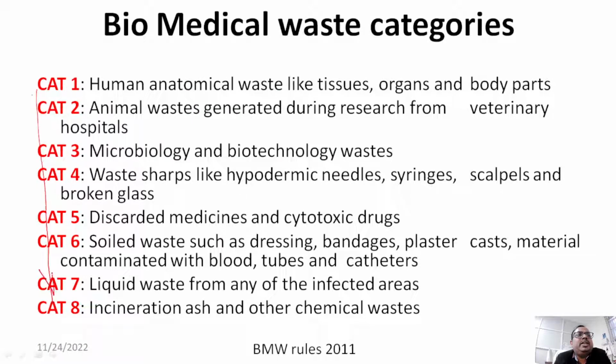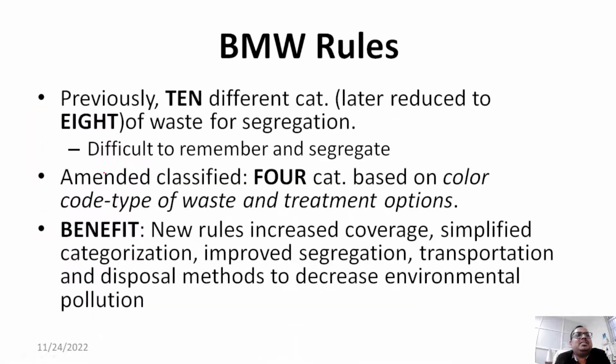You can see here this included human anatomical waste, animal anatomical waste, microbiological waste, sharp waste, discarded medicine in the 5th category, soiled waste, then liquid waste, then incineration ashes and other chemical waste. So these were the different 8 categories of biomedical waste, but it was difficult to remember and segregate biomedical waste because this categorization had operational problems.